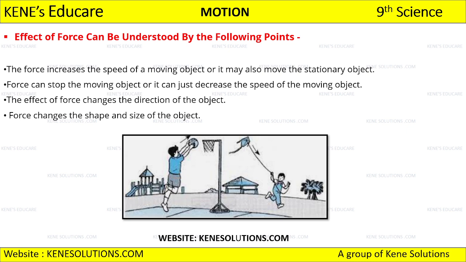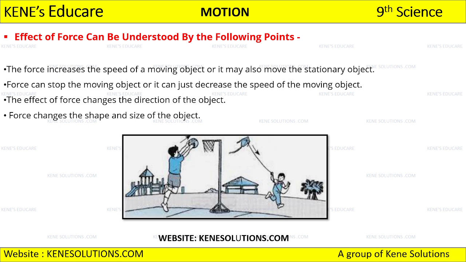The force increases the speed of a moving object, or it may also move a stationary object. Let's say I have a ball on the ground. If I apply force to that, it can even increase the speed of that object, right? But also if the ball is coming toward you, someone has thrown it, you can even catch it, right?